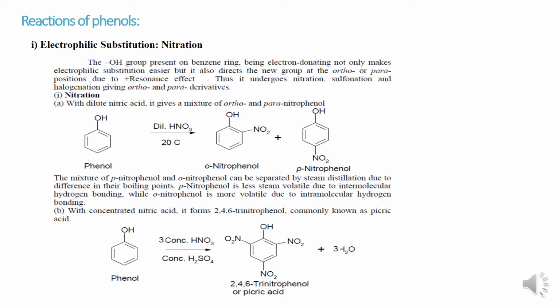If we treat phenol with the nitrating mixture, we definitely get 2,4,6-trinitrophenol only, because the 2,4,6 positions are electron-rich centers of phenol. So the electrophile NO2 plus approaches the 2,4,6 positions of phenol, and it forms 2,4,6-trinitrophenol, commonly known as picric acid.